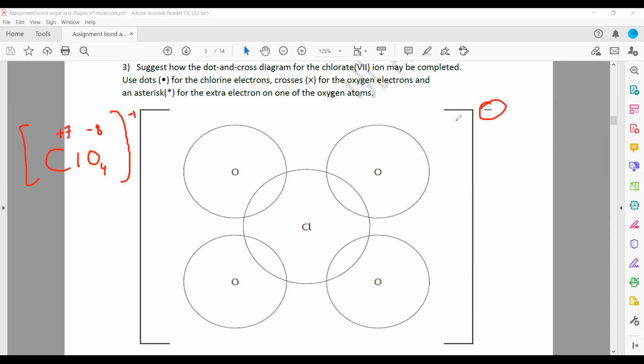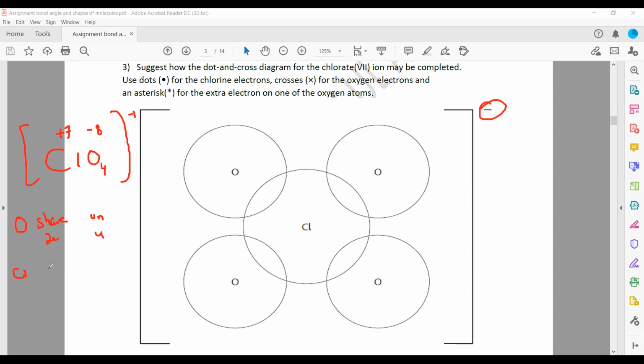We have to use a dot to show a chlorine electron, a cross to show an oxygen electron, and an asterisk for an extra electron on one of the oxygen atoms. So basically how this is done: first, normally, oxygen belongs to group 6, so it will share two electrons, and unshared will be 4.